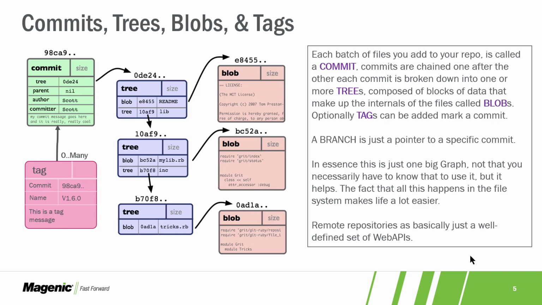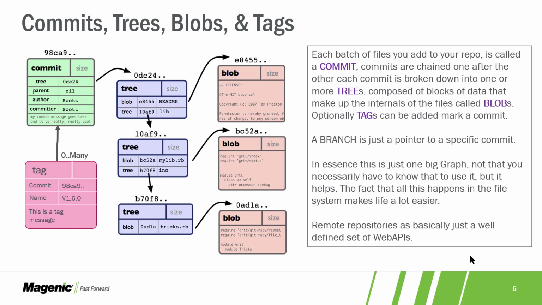Essentially, Git is this enormous set of links, and the links are held together by unique hexadecimal hashes. Uniqueness of those hashes in the context that they're being used, tree, blob, commit, tag, is what allows you to traverse the files in the Git file system and glue the bits together.